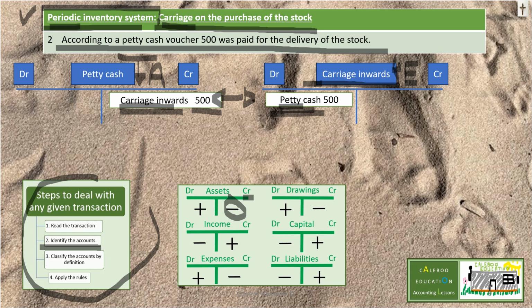So there we go. In the periodic inventory system, we've recorded the delivery cost of the stock separately. And it's carriage inwards in this case. It's an expense. We could have also had import duties or custom duties.